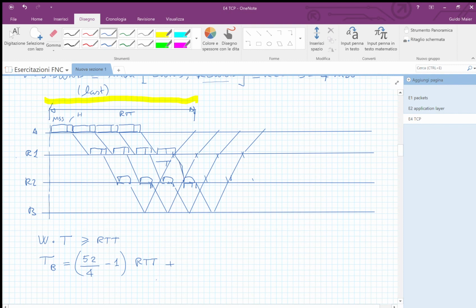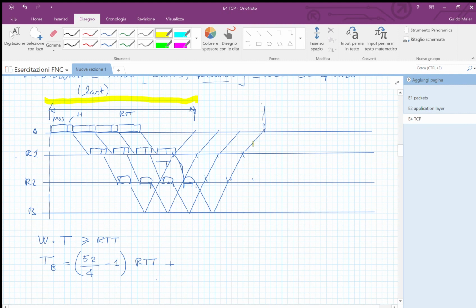Unfortunately, the picture now is a little bit strange, but in any case, this is the time when the last ACK arrives at the source, at A. And if this is the last window that was transmitted, to complete the transfer time we have to consider the time the last ACK is arriving.